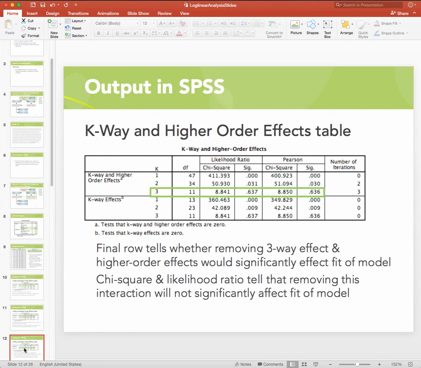If you look at our 2 columns labeled sig, you can see both the Pearson chi-square and the likelihood ratio test agree that removing this interaction will not significantly affect our model, because our p-value is 0.636, which is greater than 0.05.